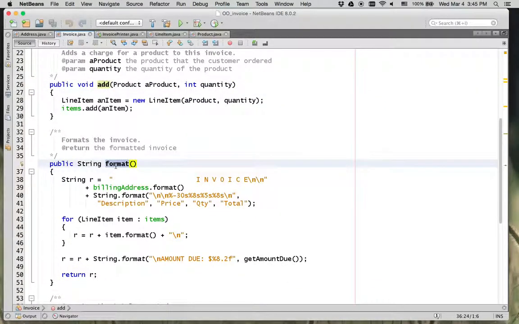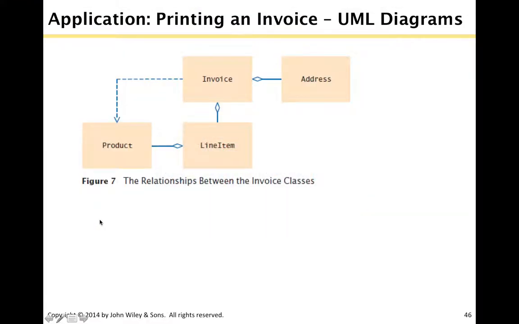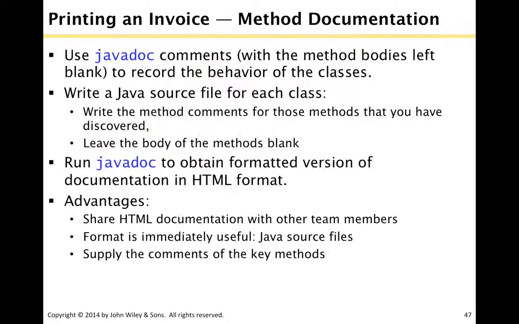And then to format, it uses an address, which is owned by itself, and then uses a line item, which is owned by Invoice. So the whole relationship and the responsibilities of each from the CRC card is now implemented in the program, and then you are going to document it.